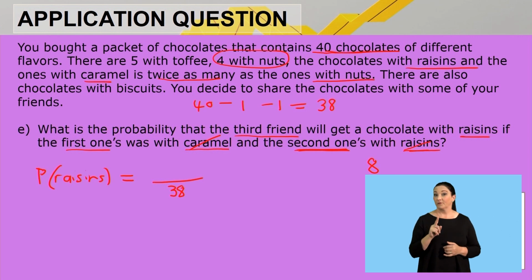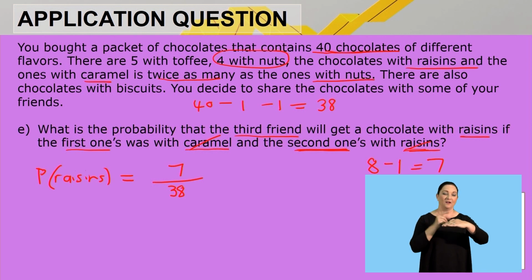But now, it says the second one is with raisins. So already, your second friend took one. We agree. So therefore, we only have 7 chocolates with raisins left. Are we all clear on that one? So therefore, my number of favorable outcomes becomes 7.